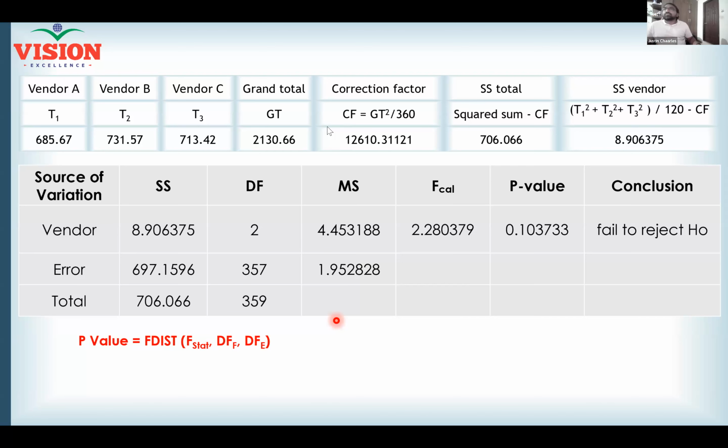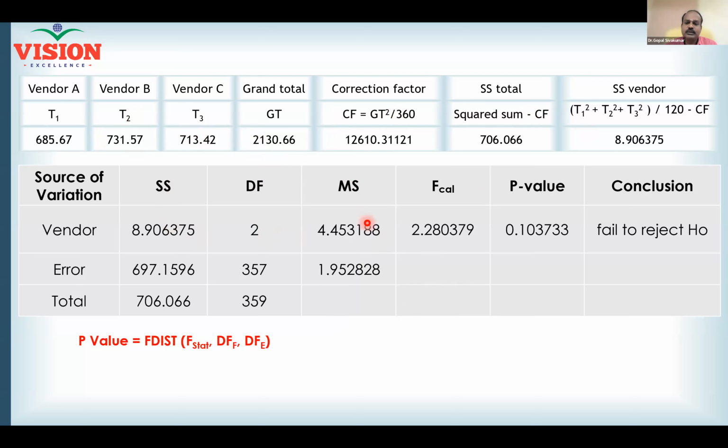Yes. That is known as sum of squares. For a detailed understanding, I will share the Excel sheet behind all these calculations. You can go through it and ask me the right question, how this has come and how that has come, then I will be able to explain. So sum of squares is calculated, degree of freedom is calculated. Sum of squares divided by degree of freedom will give mean sum of squares.